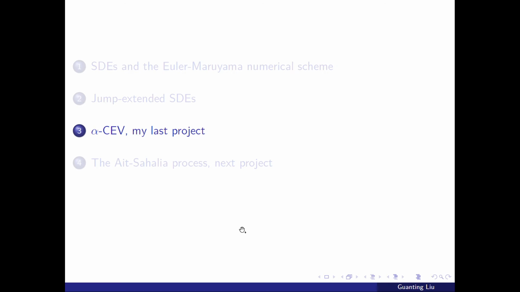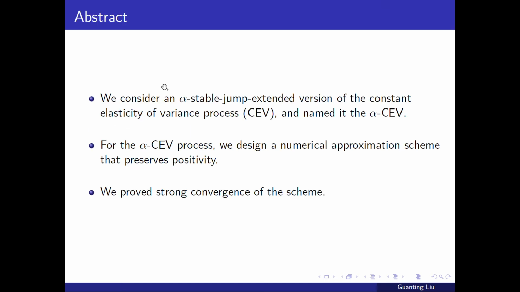Okay, so much for the idea of strong approximation and the Levy notation we use for jump extension. I think we are ready to look at my research. What we do is consider an alpha stable jump extended version of the CEV process, the constant elasticity of variance process.